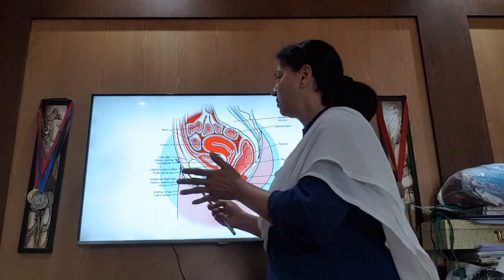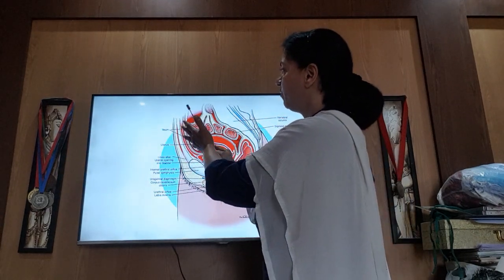So all the distinction will be lost when it is full, and it will go on losing its boundaries as it becomes more full. As I said, its capacity is 120 ml to 320 ml, but after 500 ml it is excessively enlarged and it is reaching upwards up to the umbilicus.